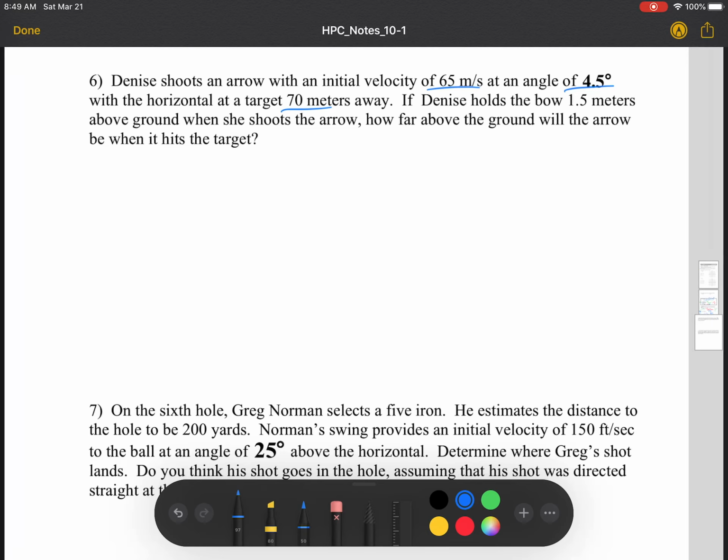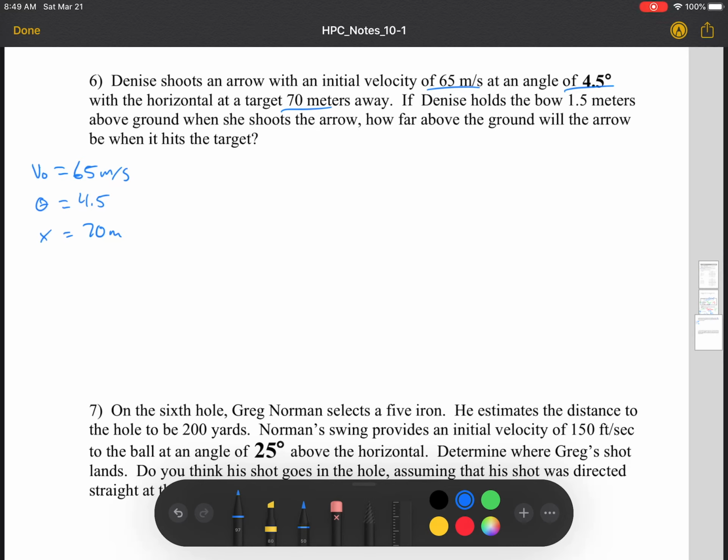Okay, so let's list our points over here. We got our initial velocity, which is going to be 65 meters per second. We got our theta, which is going to be 4.5 degrees. We got our x, in this case our final x, because that's what we're looking at. What is our final horizontal distance? The target is 70 meters away.